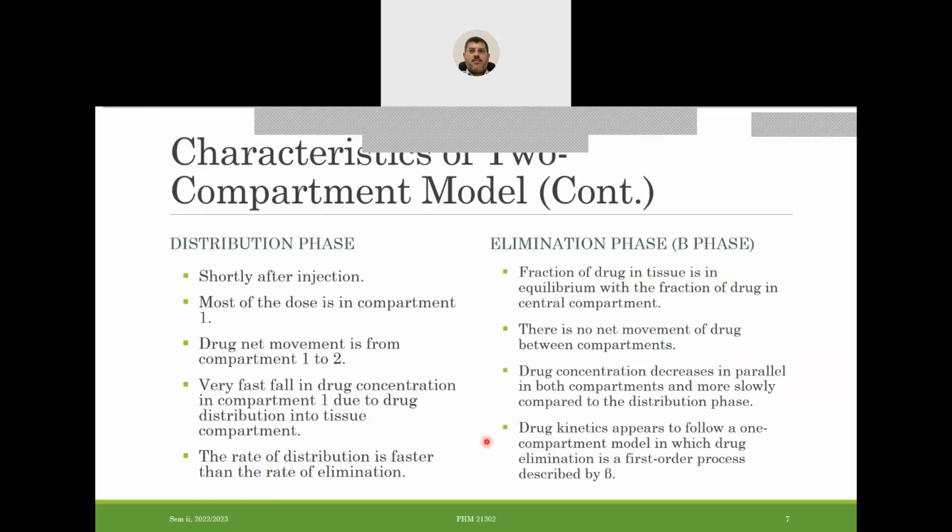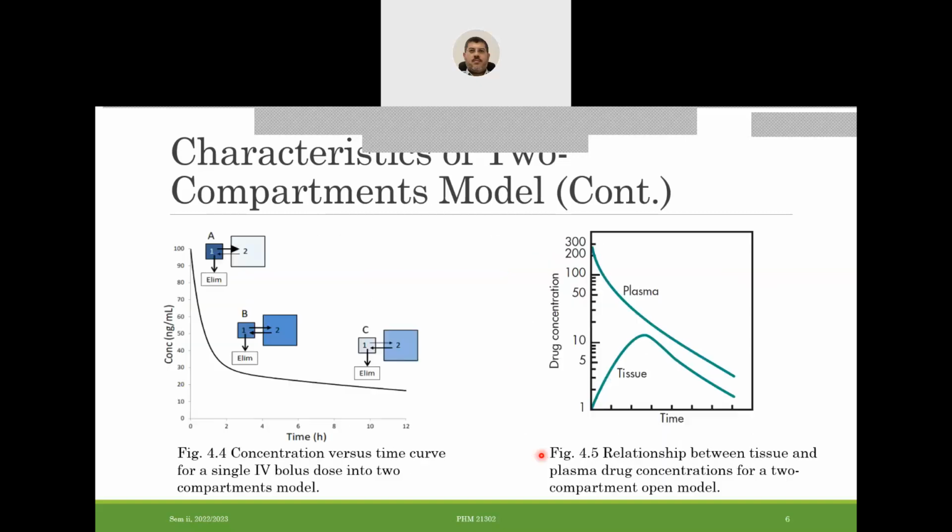Okay? So when it comes to the kinetics, the kinetics appear to follow a one compartment model in the elimination phase. It will be, in the second phase, like a one compartment model. If we just look at this part alone, the beta phase, it is one straight line with one slope.